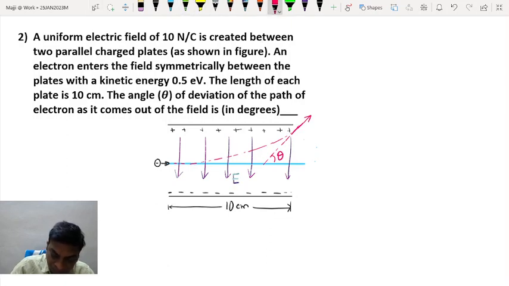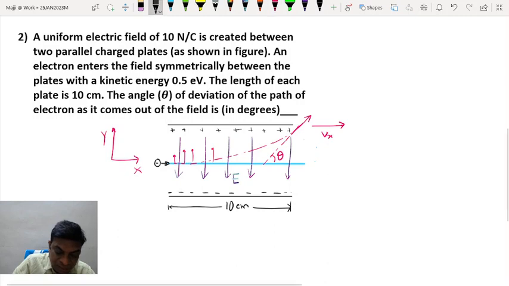So here you can see that while it enters, it has a velocity along, let us say, the x-axis. We'll take this as x-axis and this as y-axis. As soon as it enters the field, it starts gaining velocity along the y-axis because of the electric field. You can see the electric field is directed down.